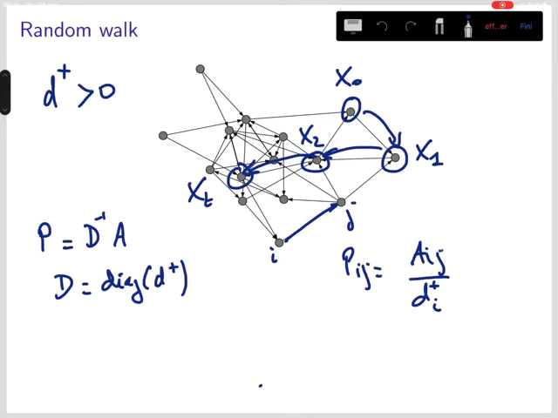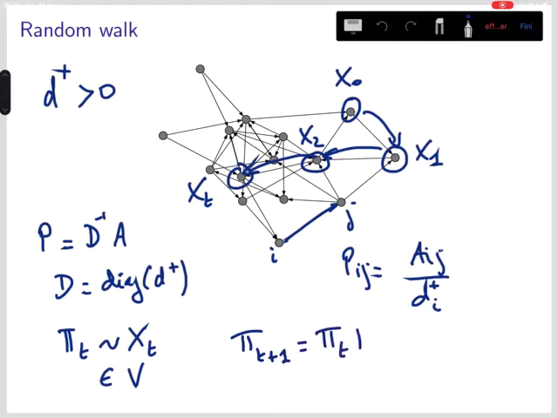And it turns out that if you denote by pi t the distribution of xt, the state of the Markov chain at time t, which is just one node, there is a simple expression to get the distribution at time t plus 1 from the distribution at time t: it's simply left vector multiplication by the transition matrix. We'll be interested in what happens in stationary regime, when t tends to infinity.